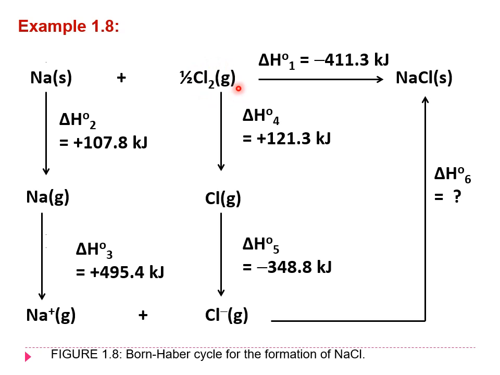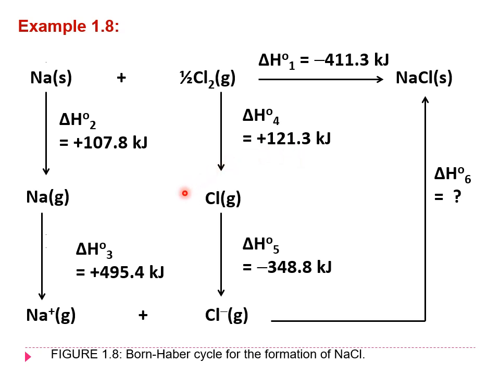Now let's look at the chlorine gas. Before anything, we need to atomize the chlorine molecule. From molecule, we make it to become atom. So half of one molecule chlorine will produce one atom chlorine. So this chlorine atom would be in the form of gas. This enthalpy is called enthalpy of atomization of chlorine, positive 121.3 kilojoules.